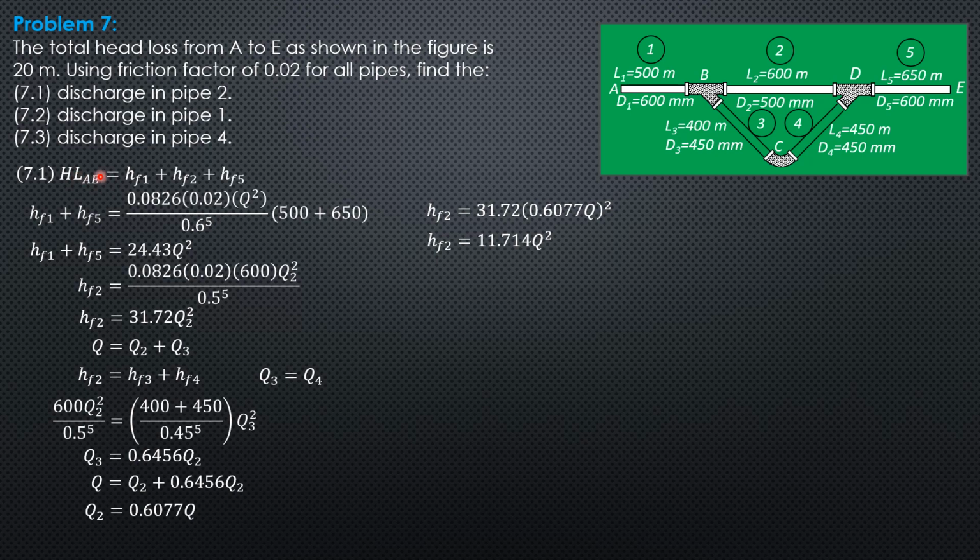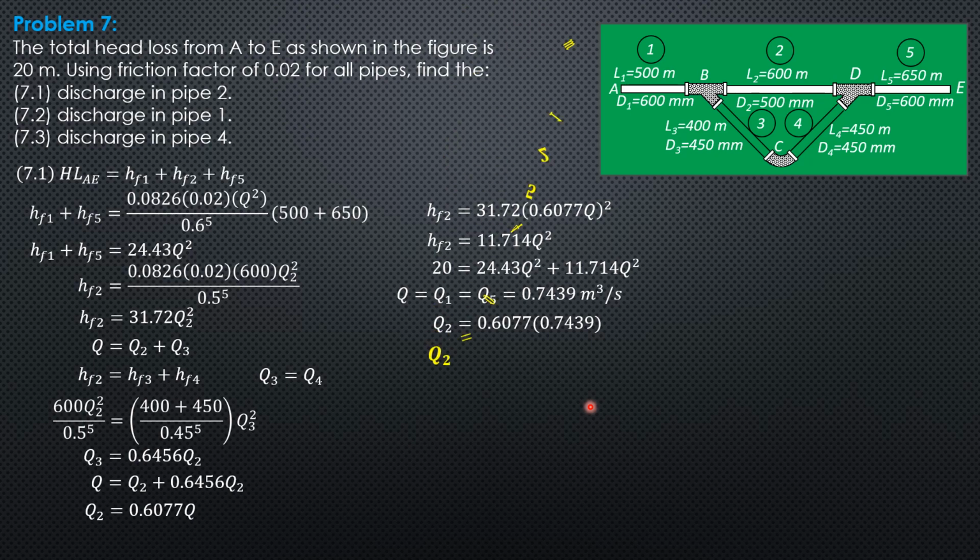Then substitute into this equation, 20 equals 24.43 Q square plus HF2, 11.714 Q square. So we can now compute Q, which is equal to Q1, which is equal to Q5, 0.7439 cubic meter per second. Finally, Q2 is 0.6077 of 0.7439, so Q2 is equal to 0.4521 cubic meter per second.